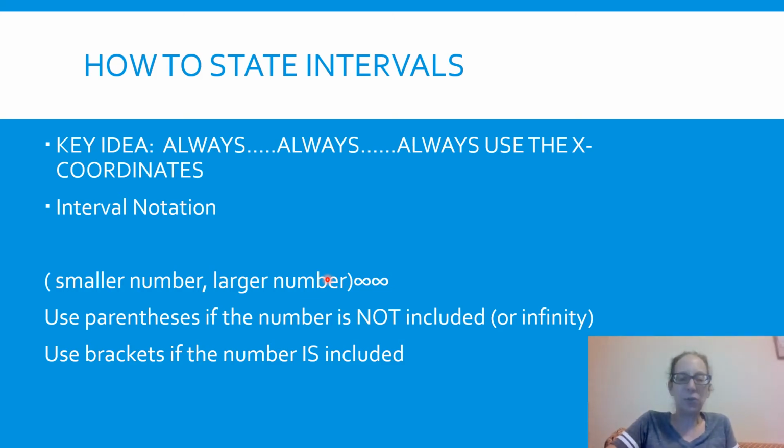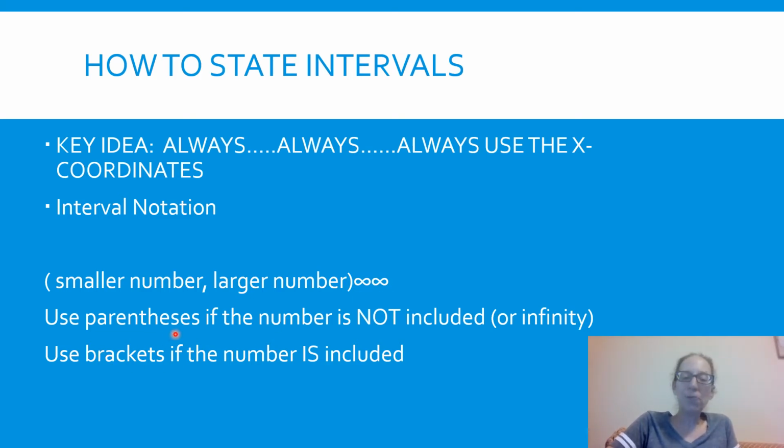When you're using interval notation, it has to be in the correct order. So the smaller number is on the left and the larger number is on the right. I put them in parentheses. They are always separated by a comma, but the parentheses aren't always there. And these are just messed up infinity symbols, so just ignore them.